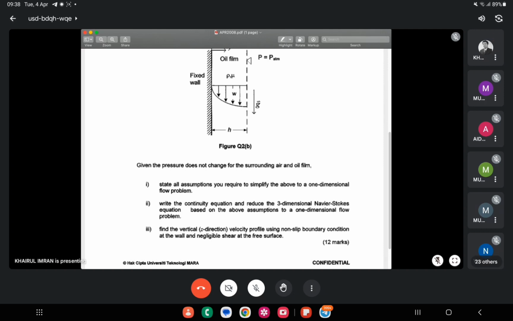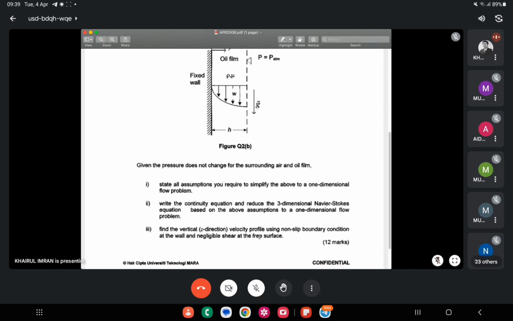If the wall is moving at a certain velocity u, 10 meter per second, it means the velocity at that wall is 10 meter per second. If there is a slip boundary condition, the plate is moving 10, the fluid at the wall is moving 8. That is what it means. If there is a slip boundary condition, but here it is non-slip boundary condition. So whatever happened with the wall, that is what happened to the fluid. Okay. Negligible shear at the face.